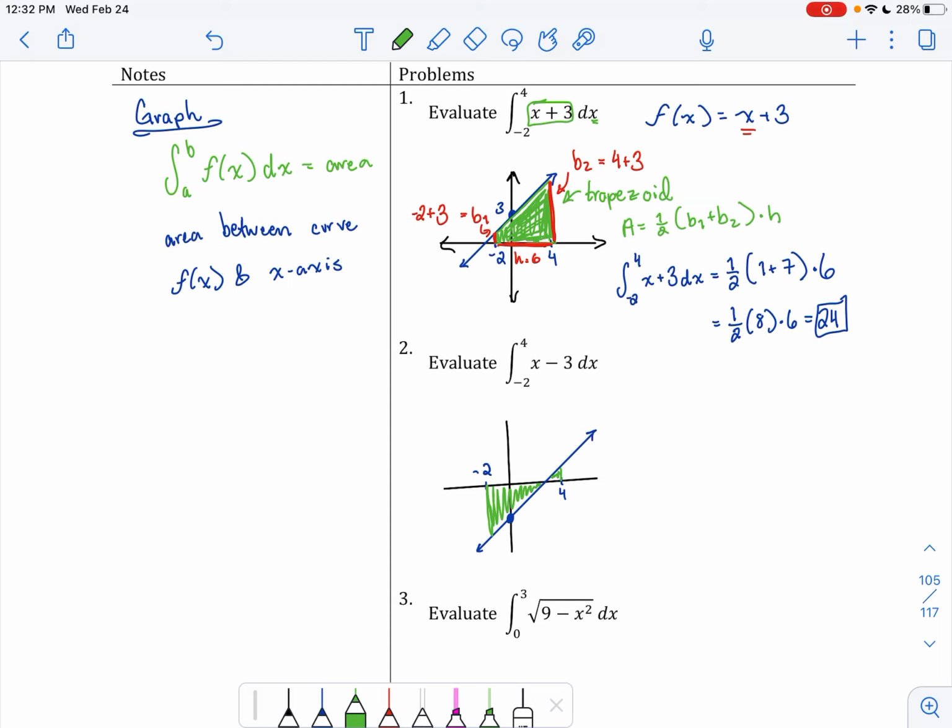Now, we will include both, and they are both triangles. So for both of these, we're going to use the triangle formula.